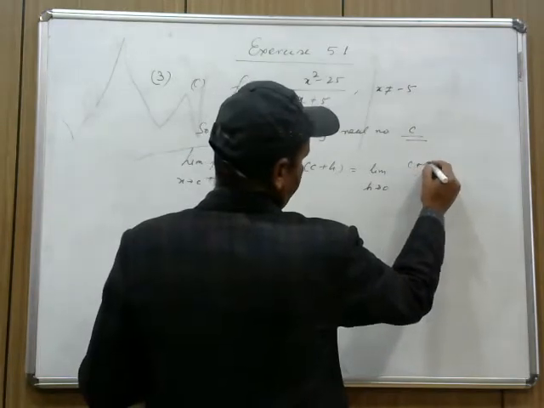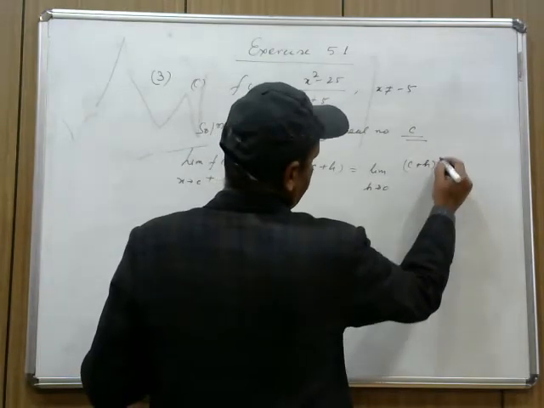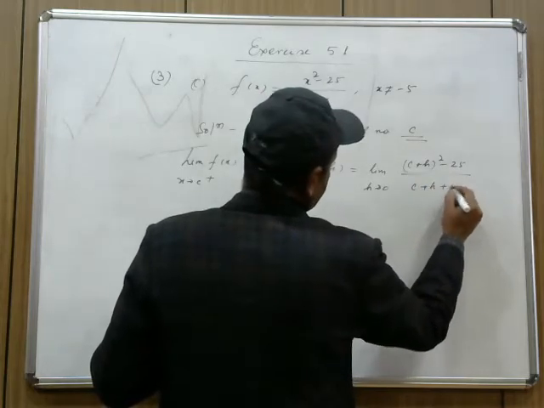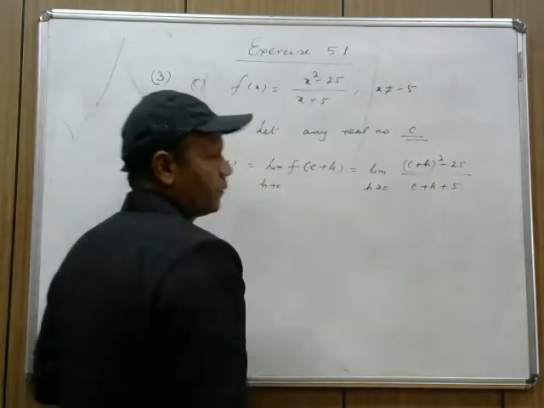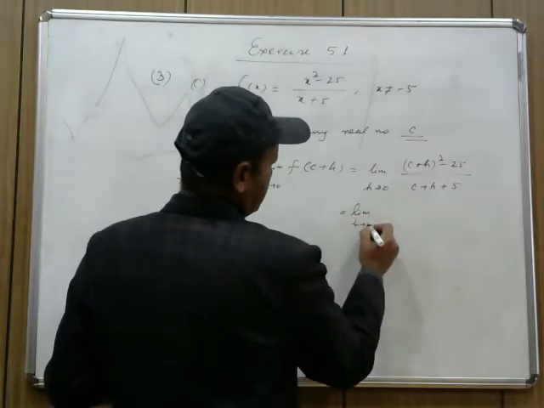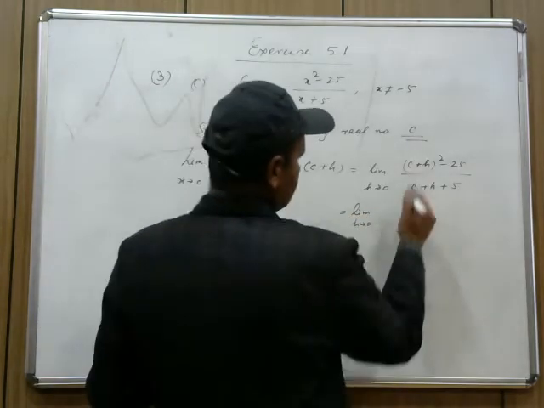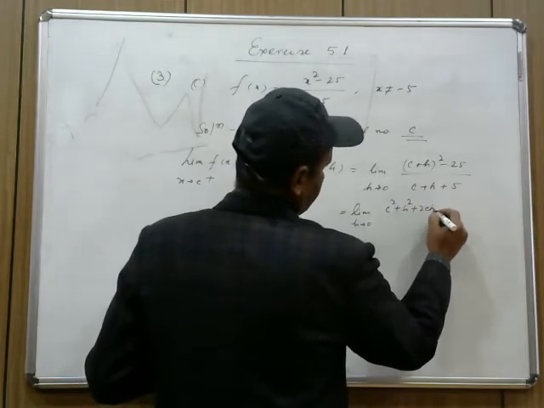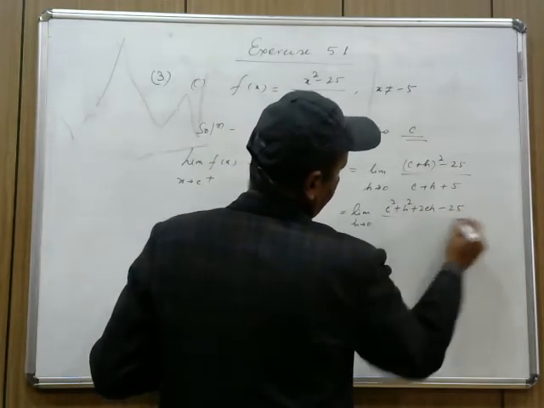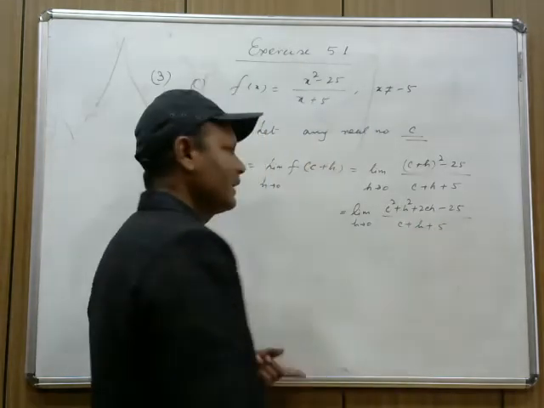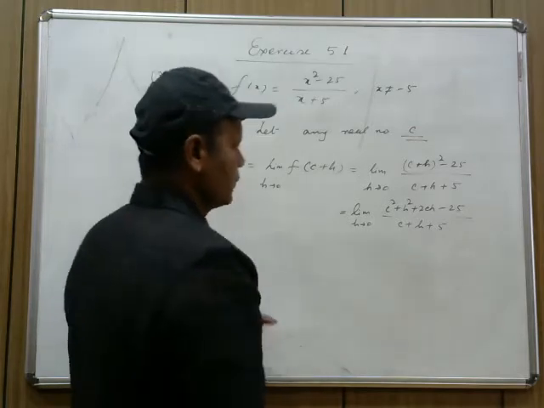So now c plus h whole square minus 25 upon c plus h plus 5. This is equal to limit h tends to 0, c square plus h square plus 2ch minus 25 upon c plus h plus 5. Now wherever you find h, you replace by 0.